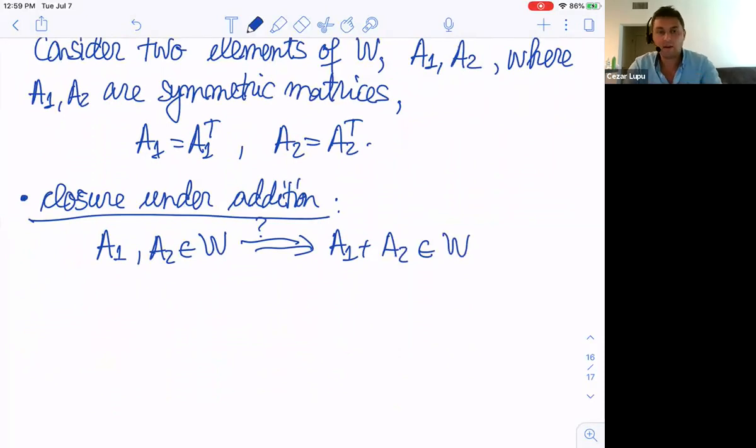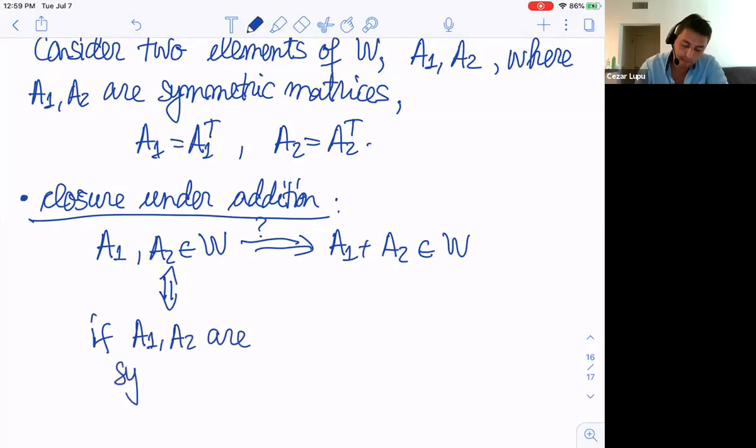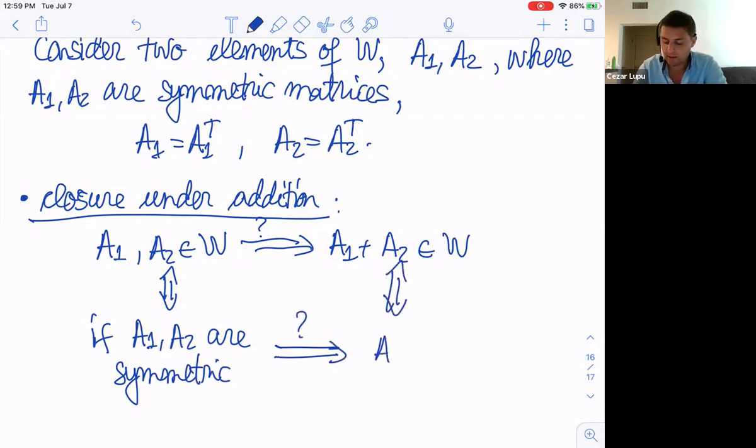This means that if A1 and A2 are in W, the translation is that A1 and A2 are symmetric. Does this imply that A1 plus A2 is symmetric?